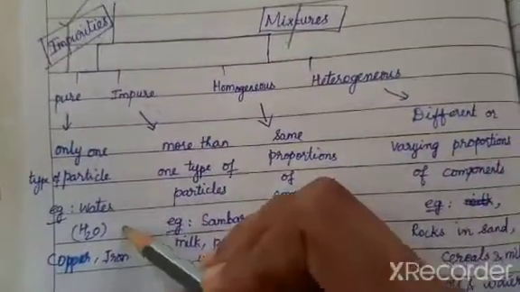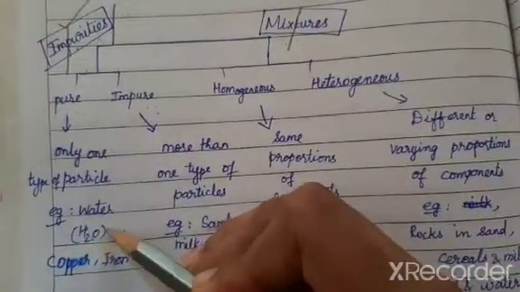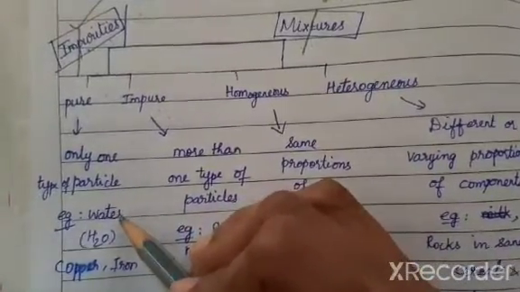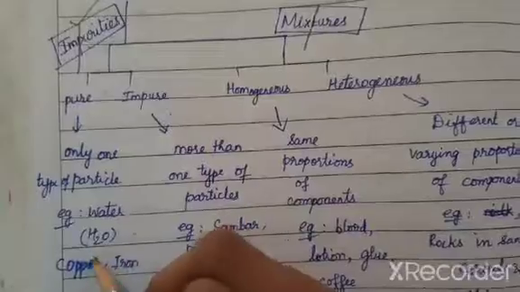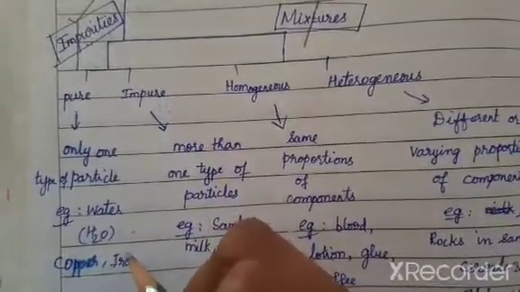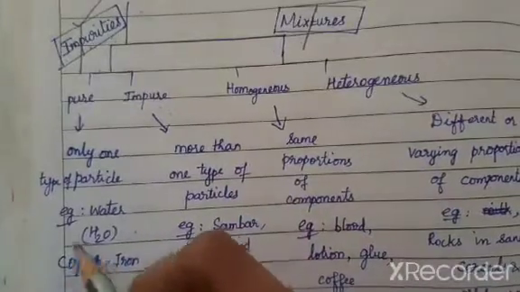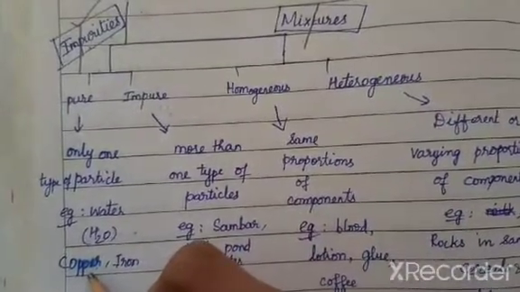Example, water, made of hydrogen and oxygen. They both are elements and give us water as a single state. A copper rod or an iron rod is purely made up of only copper or iron. So there is not a mixture of any other substances in this.